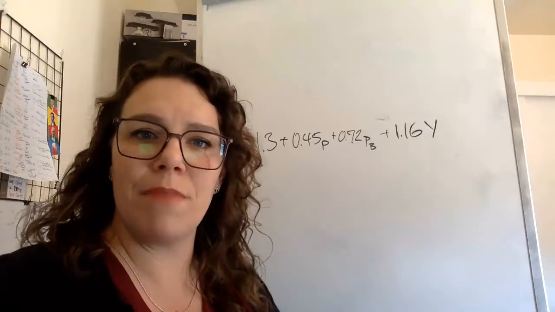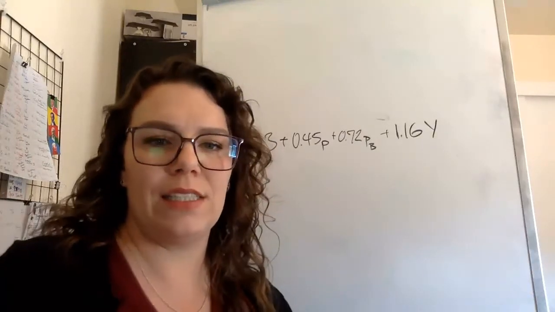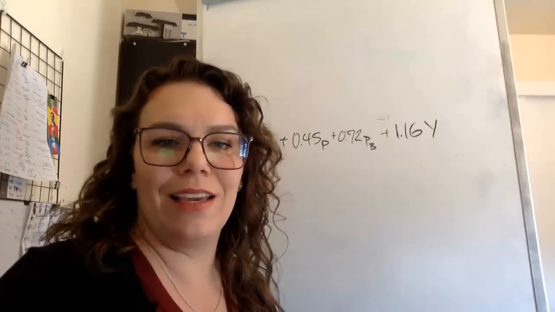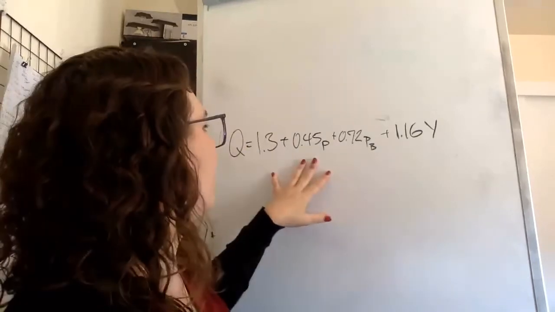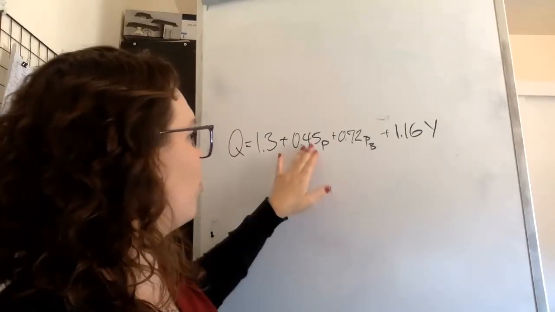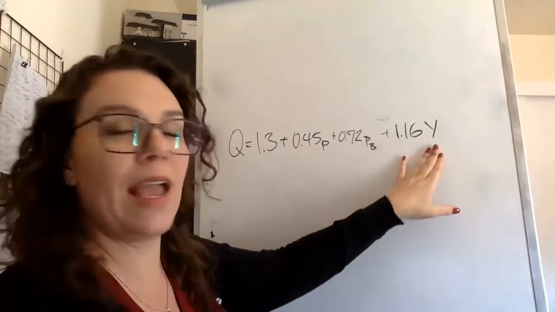And so this is a demand function where we can see that the demand for pizza is a function of the price of pizza, the price of burritos, and income.